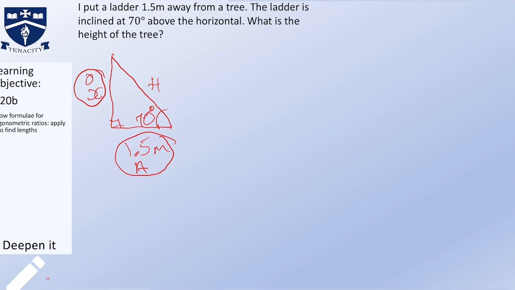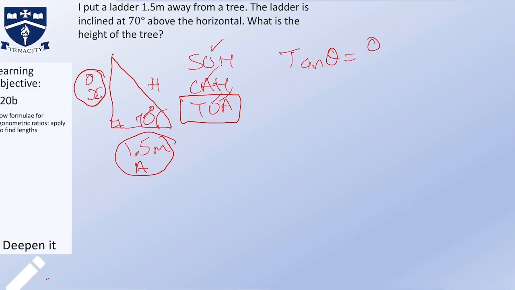So I remember, I write down SOH CAH TOA. I tick the sides that are involved, so O's and A's. And the one that I want to use is the one that has 2 ticks.